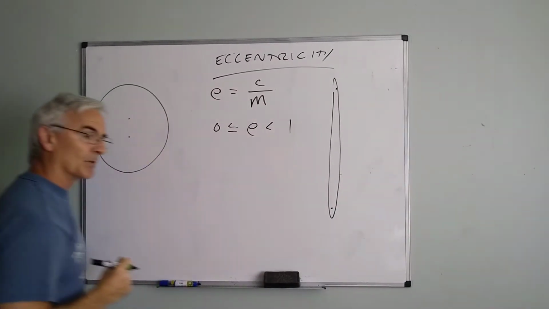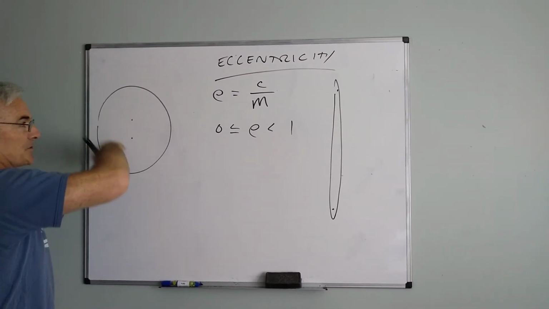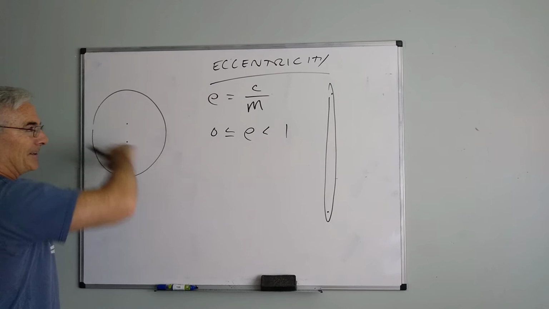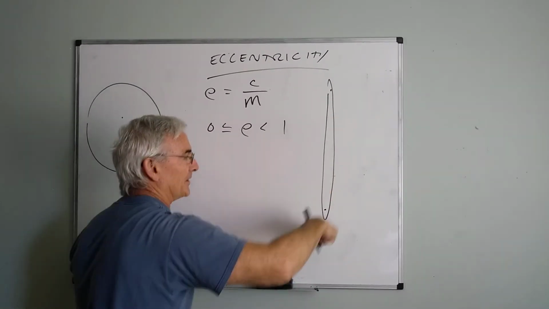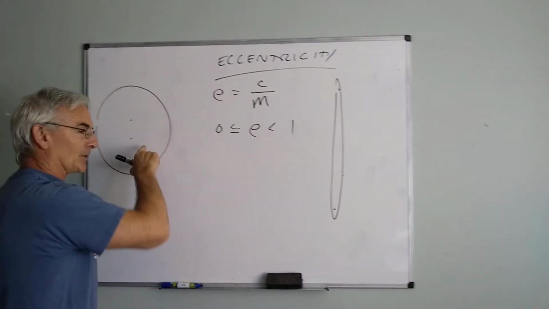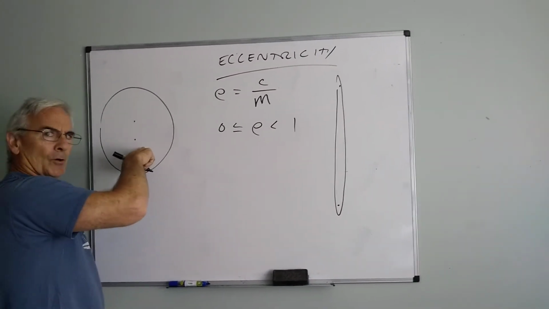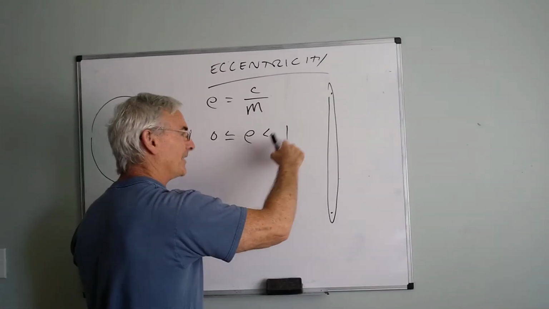So a very simple way to remember eccentricity: the closer your ellipse is to a circle, the closer it is to 0. The more long and skinny your ellipse is, the closer it is to 1. In other words, if the shape of your ellipse looks like a 0, the eccentricity is close to 0. If it looks more like a 1, it's closer to 1.